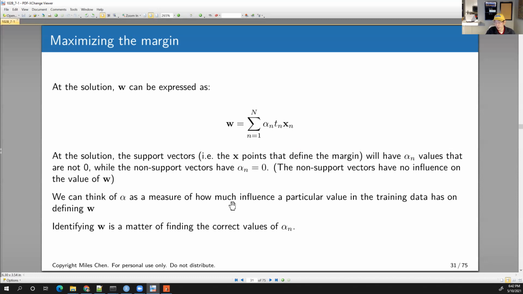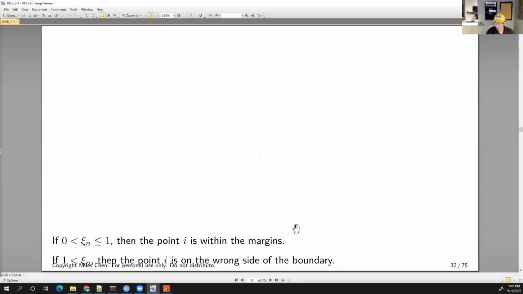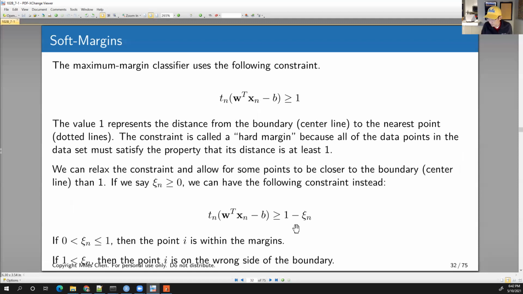Identifying what the boundary is just comes down to identifying the correct multiplier terms for each of the x values. If that x location is not going to influence the boundary, its alpha term is going to be 0. And if it influences the boundary heavily, you're going to have some kind of constant here.